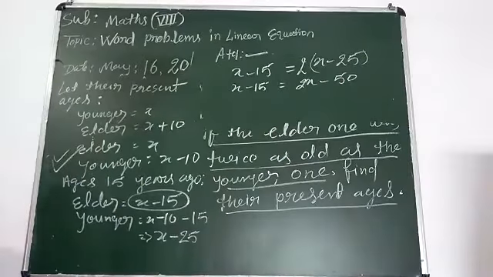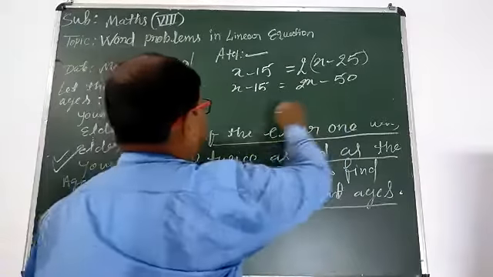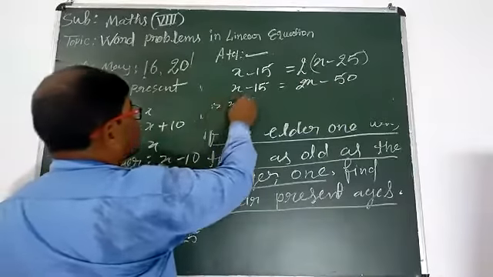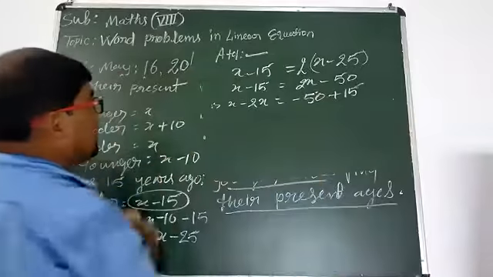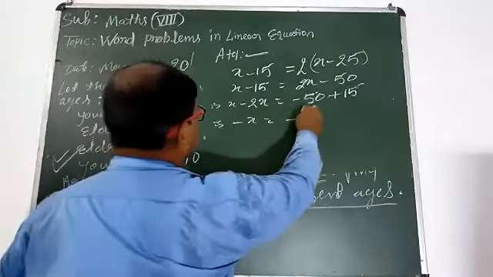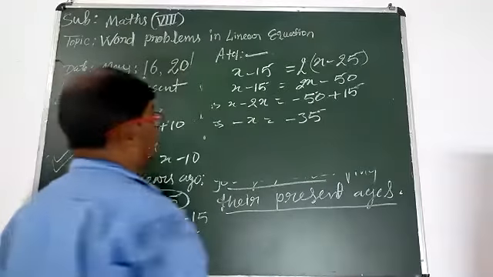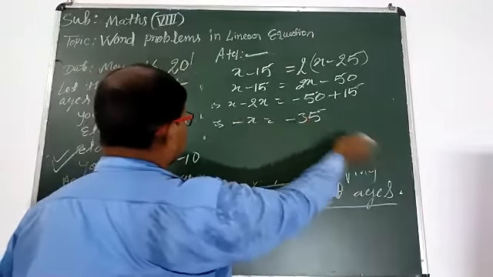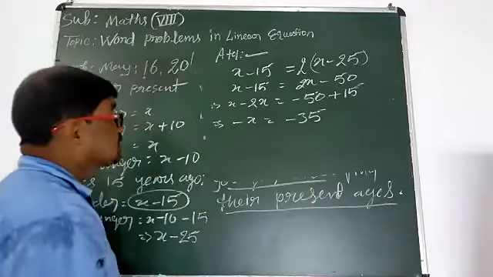Simplify it. Now solve. x minus 2x equals minus 50 plus 15, in transposition. Now student, minus x equals minus 35. Am I right? Minus 1 divided by minus 1 gives plus 1.